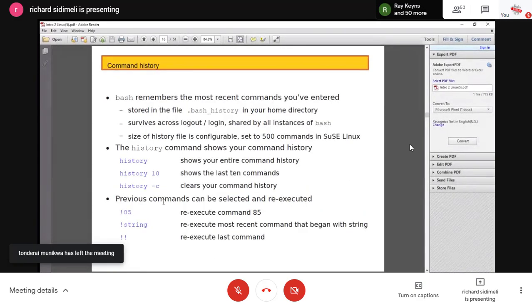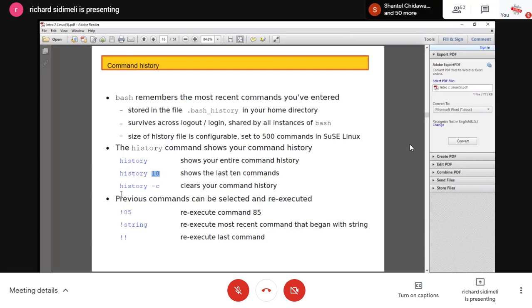The other very common command that you look and find in the Linux environment is the history command. If you just say history, you get a history of all the commands that we've done. But if you say history 10, history plus a number, then you show the last 10 commands.